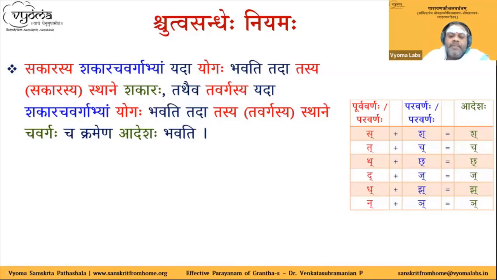Kramena adeshaha. Kramena adesha means first letter t gets the adesha of first letter ch. Second letter th gets second letter ch adesha. Third letter d gets j as adesha. Fourth letter dh gets j as adesha. Fifth letter n gets ny as adesha.